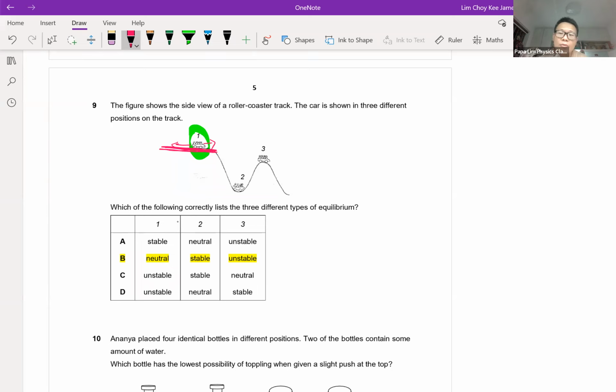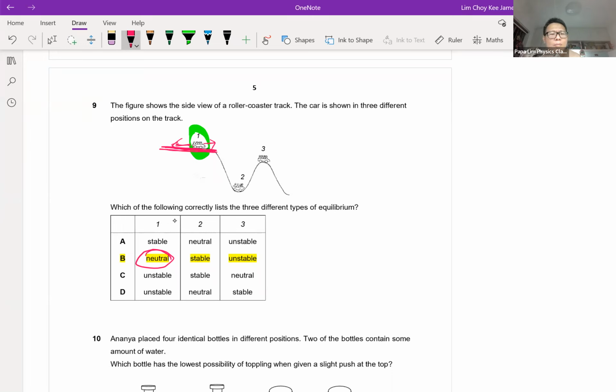When I move left or right, it has not raised, fallen, become unstable, or become stable, because there's no position to return to. So at point A, if I move left and right, the CG of the object remains at the same height, and because of that, I know position A is neutral.